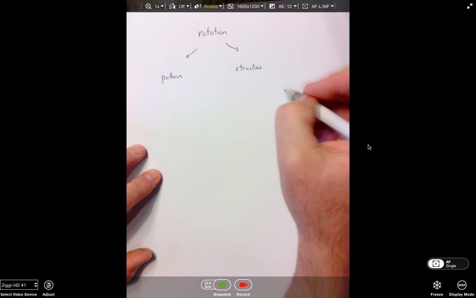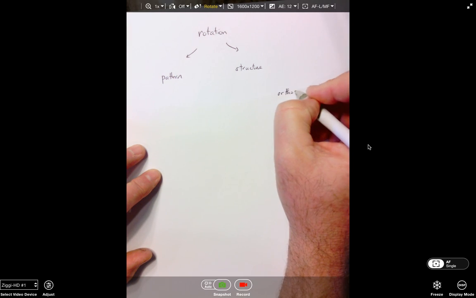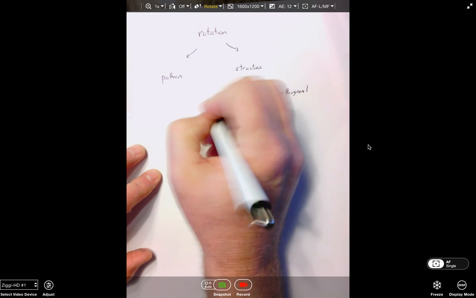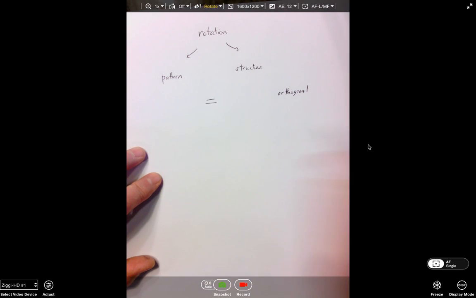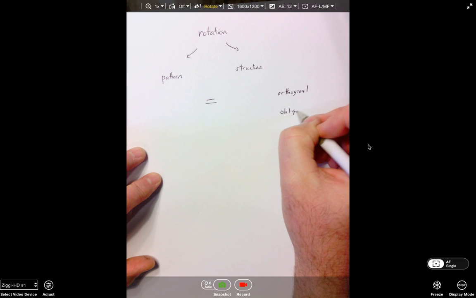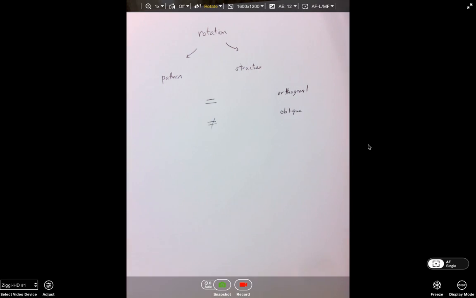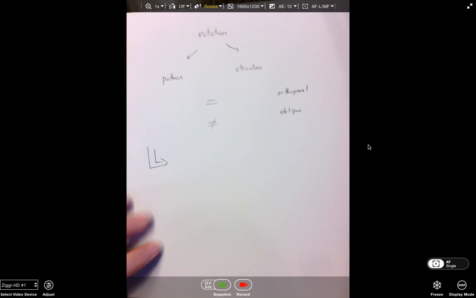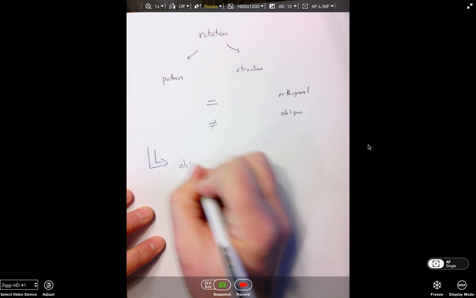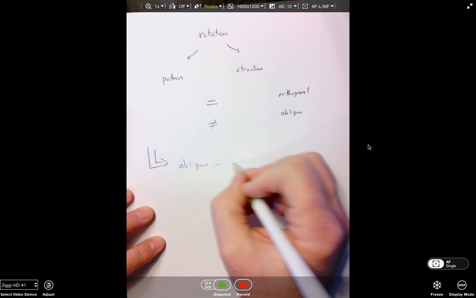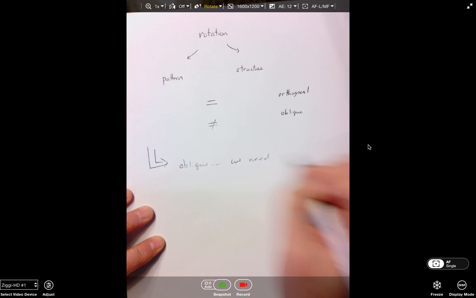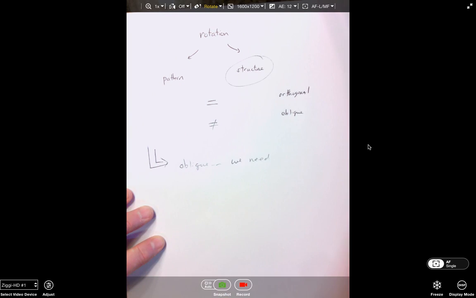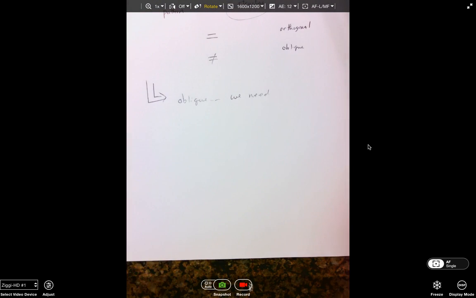Now, for orthogonal, these two are the same. For oblique, these two aren't the same. So, guys, it should be pretty commonsensical from here that since we ran the oblique, we need to create the structure matrix. Okay.